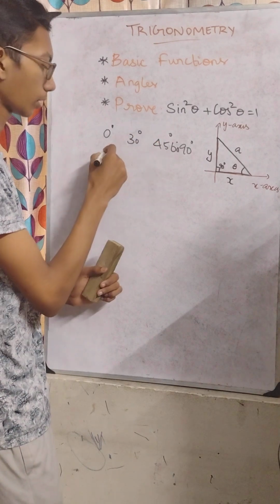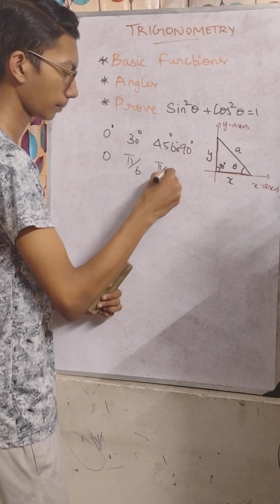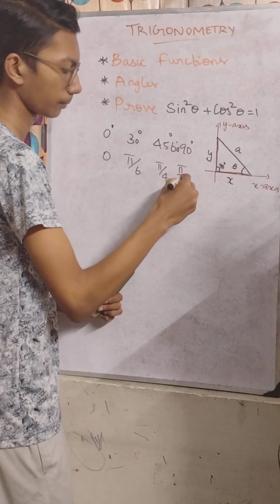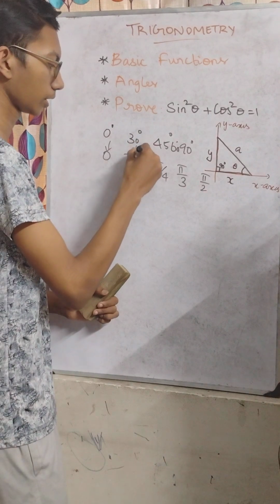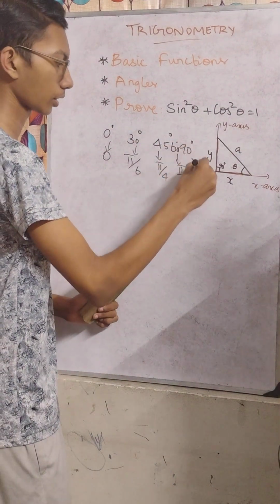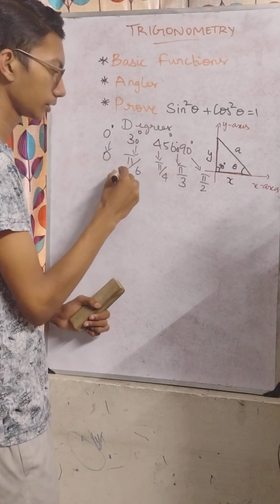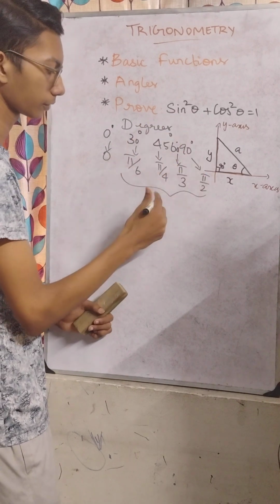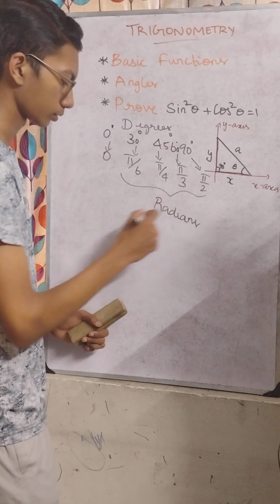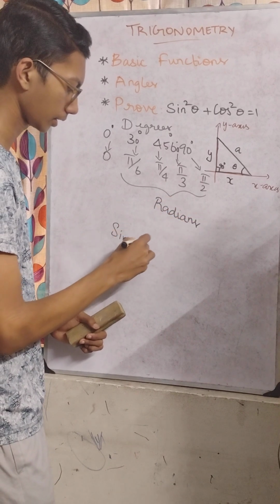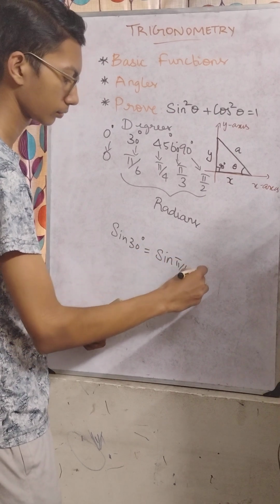In some cases you will write these as 0, pi by 6, pi by 4, pi by 3, pi by 2. So this actually equals this. This is in terms of degrees, and this bottom half is called radians. For example, sine 30 degree is the same as sine pi by 6, which is 1 by 2.